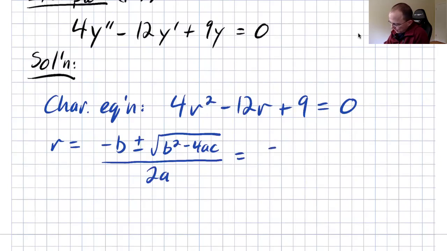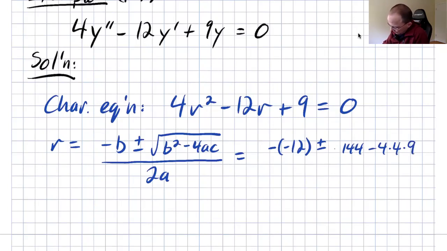This will be minus 12, because b is minus 12, plus or minus the square root of b squared, so that's 144, minus 4 times a, which is 4, times c, which is 9.